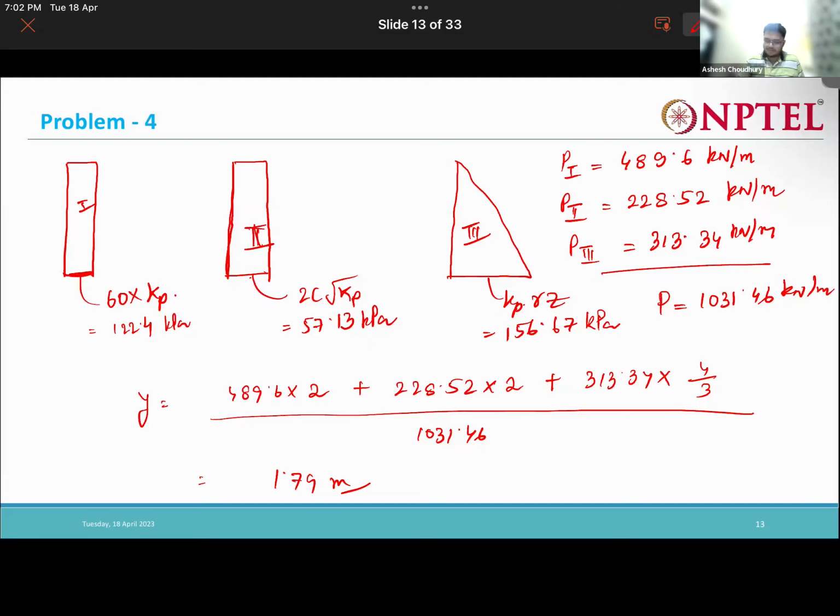Check this value once, if it's coming 1.79. Right. Okay then, let's go to the next one.